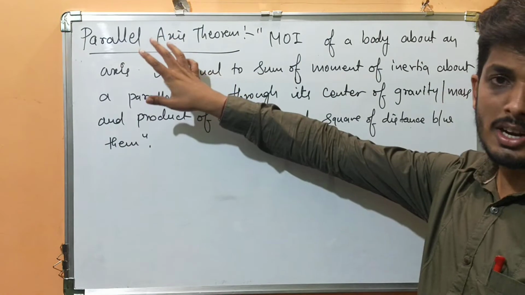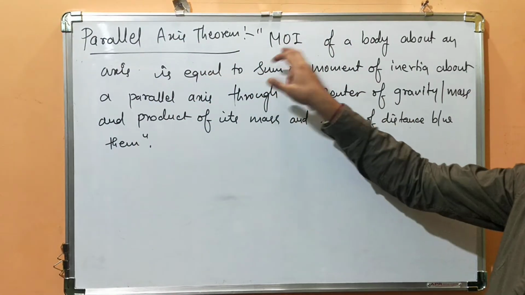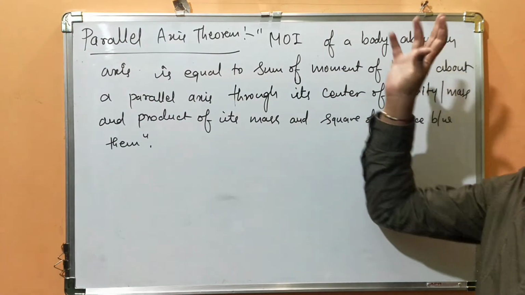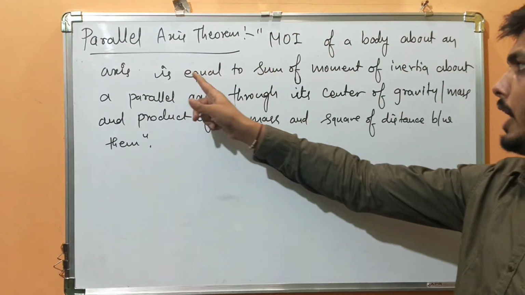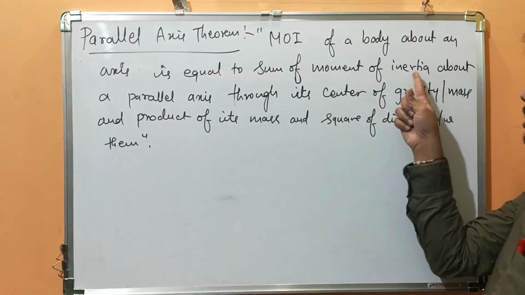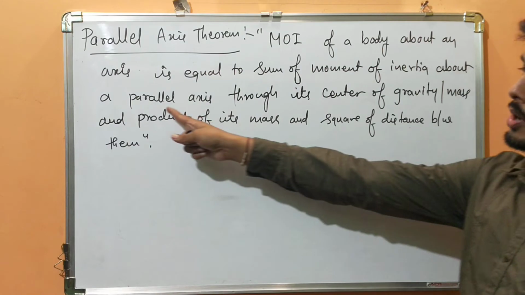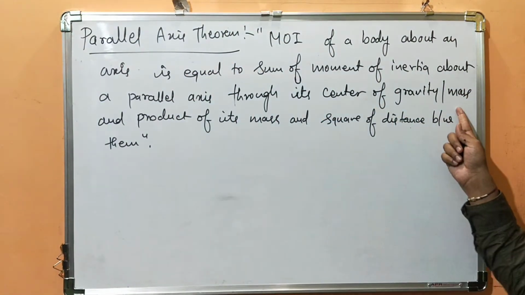Okay, so for the parallel axis theorem, please try to understand, and when I explain, things will be very clear to you. Moment of inertia of a body. Imagine a body whose moment of inertia about an axis is equal to the sum, the addition, of moment of inertia about a parallel axis through its center of gravity or center of mass.